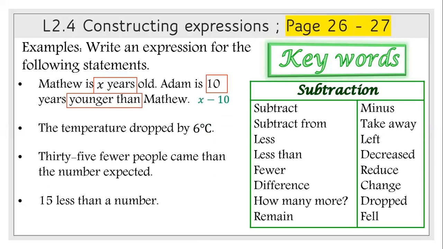X minus 10. Okay. Now the next one. Let's hear Zaid. What's the answer? X minus 6. Excellent job, x minus 6. For me, I wrote T, but it's totally up to you here.